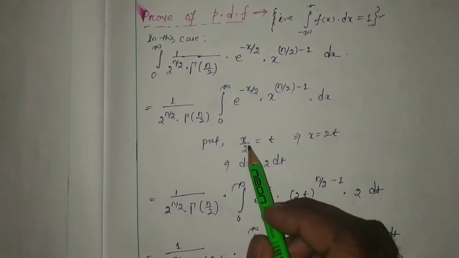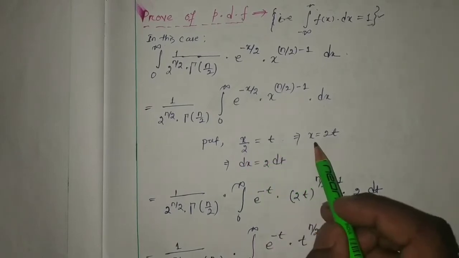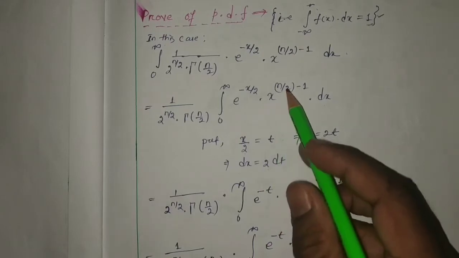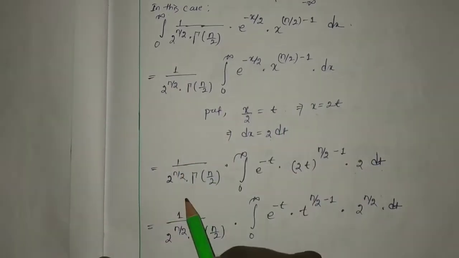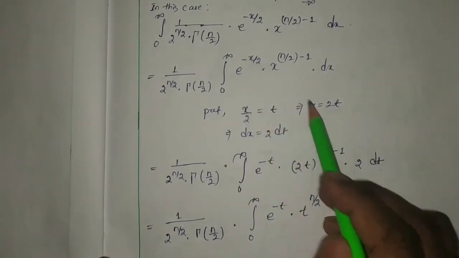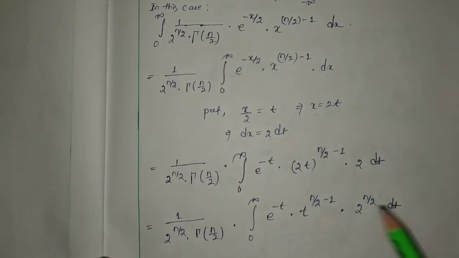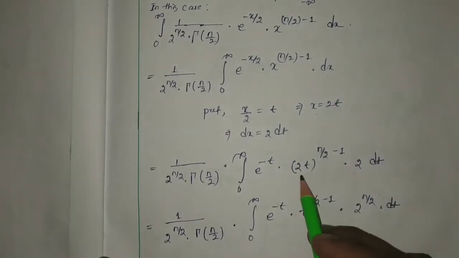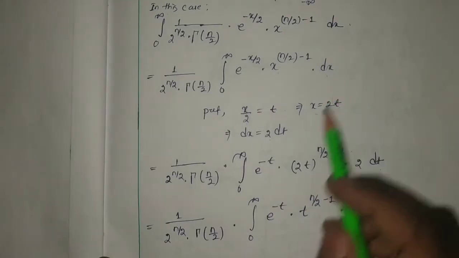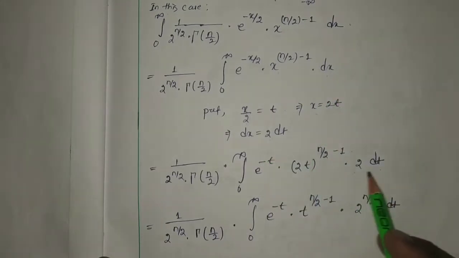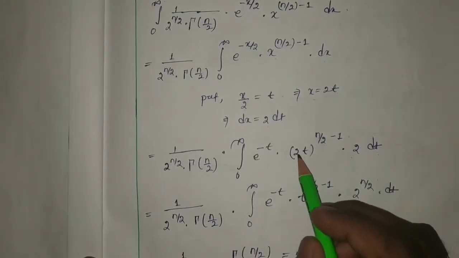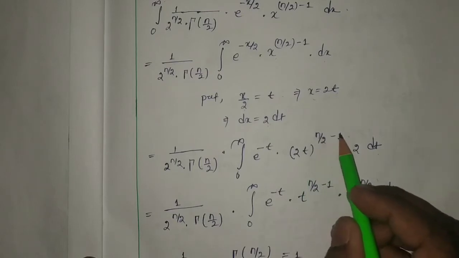Now we consider x by 2 equal to t. That implies x equal to 2t, dx equal to 2 dt. Now we put this here. The constant is written as such, 0 to infinity, x by 2 written as t, and x written as 2t to the power n by 2 minus 1, and dx will be 2 dt. Here we have 2 to the power n by 2 minus 1 and 2 to the power 1.